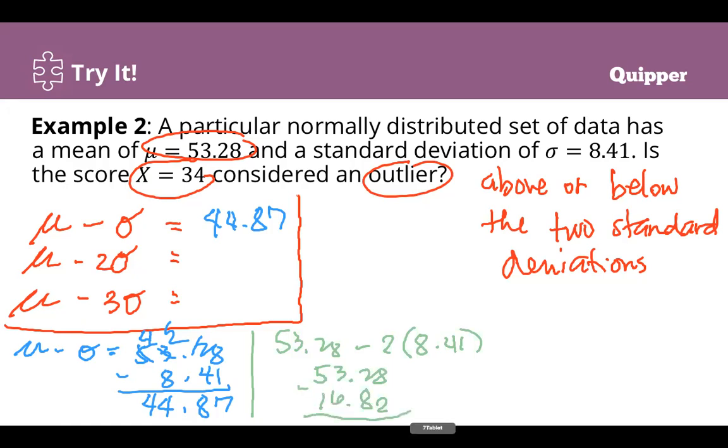Okay, that's minus. So we have the answer 36.46.